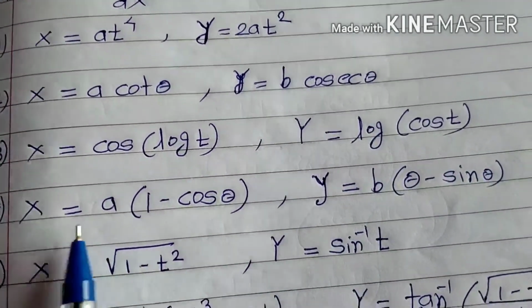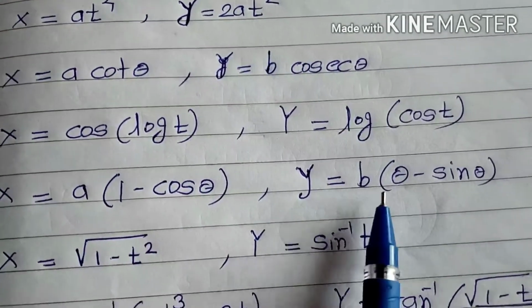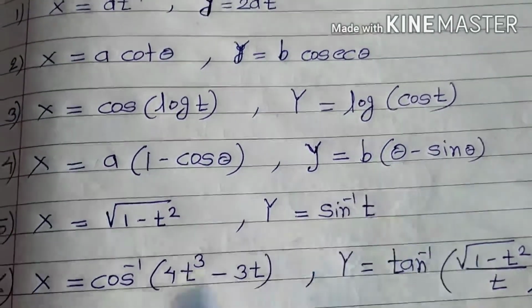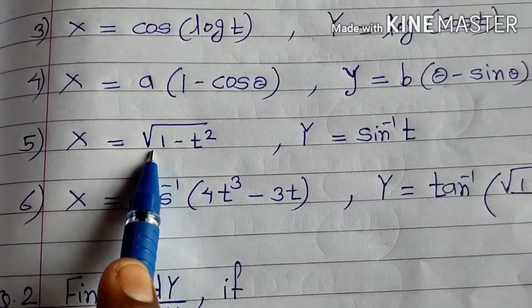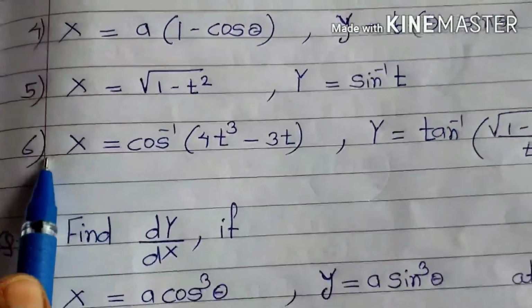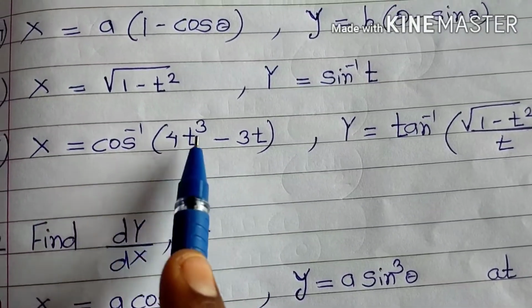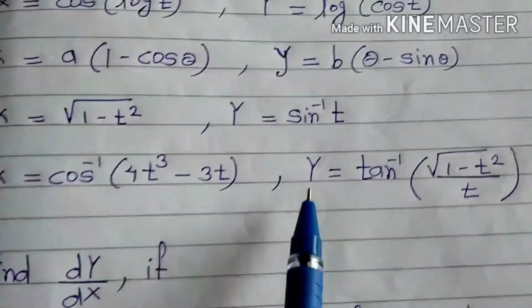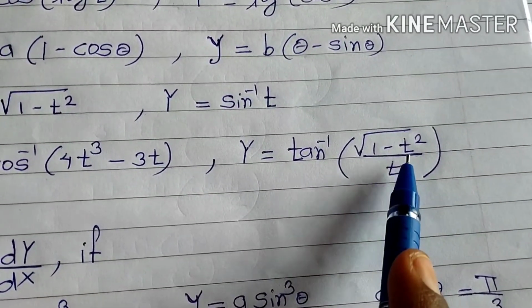Fourth question, x is equal to a into 1 minus cos theta, y is equal to b into theta minus sin theta. Fifth, x is equal to under root of 1 minus t square, y is equal to sin inverse t. Sixth, x is equal to cos inverse of 4t cube minus 3t, y is equal to tan inverse of under root of 1 minus t square upon t.